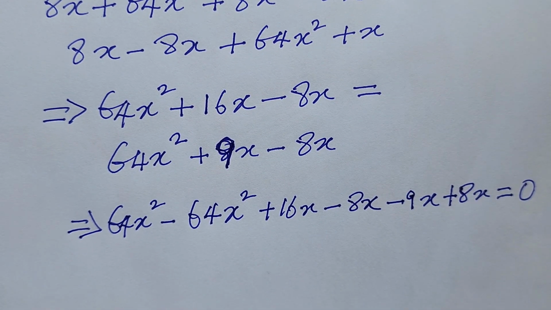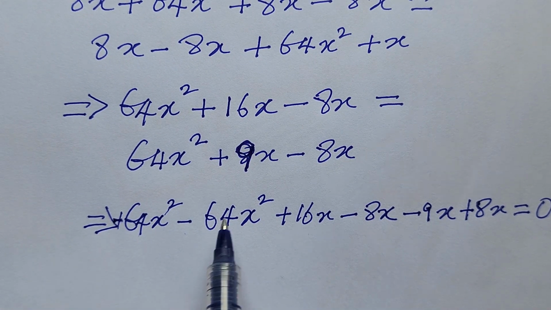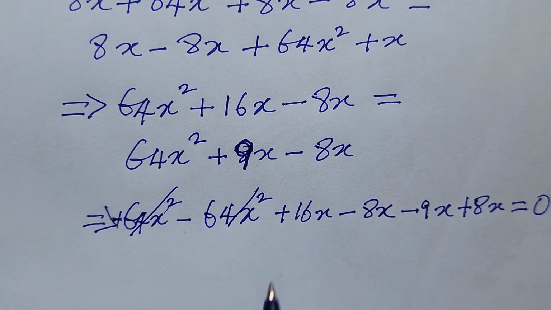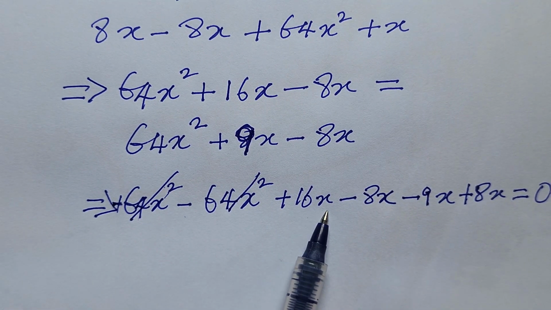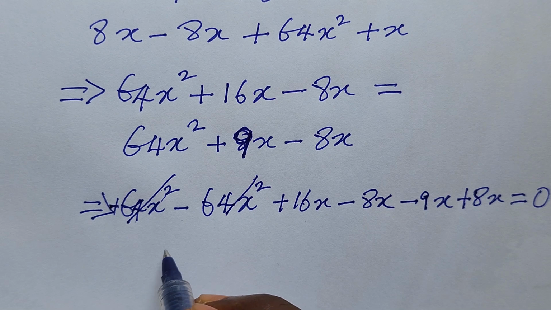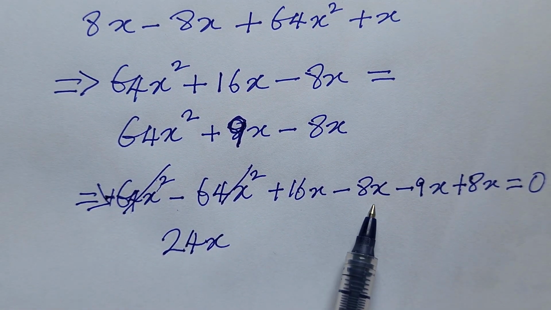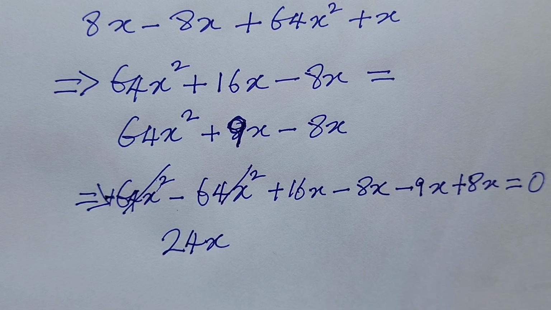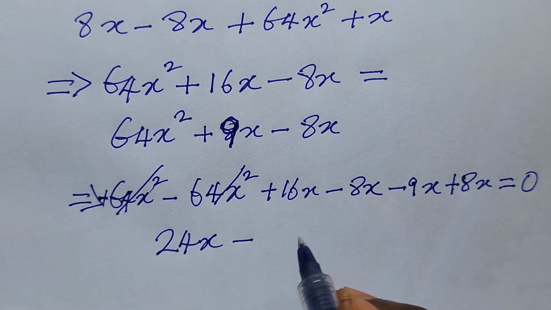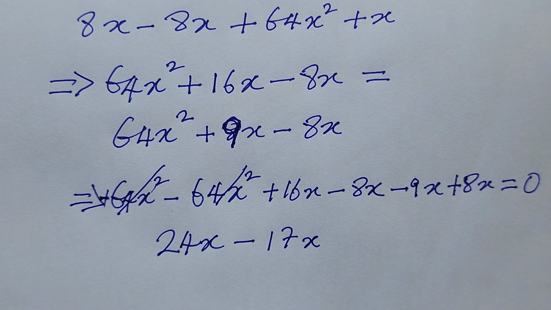Easy, right? From here we have a plus sign, invisible plus, and here we have minus, so these two will leave the system. So we have 16x plus 8x will give us 24x. Then minus 8x minus 9x will give us minus 17x, right? Good.